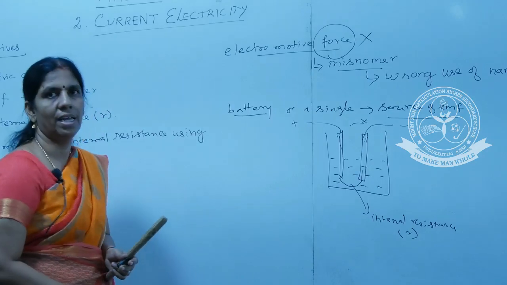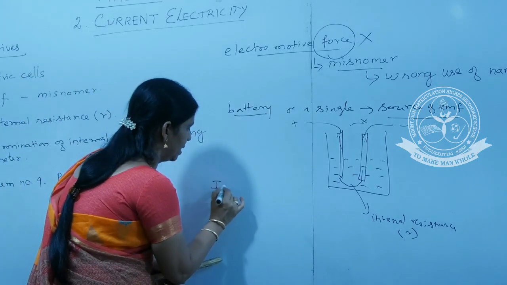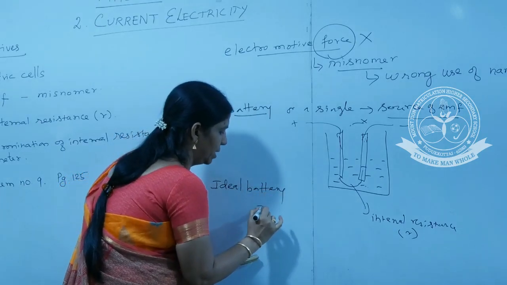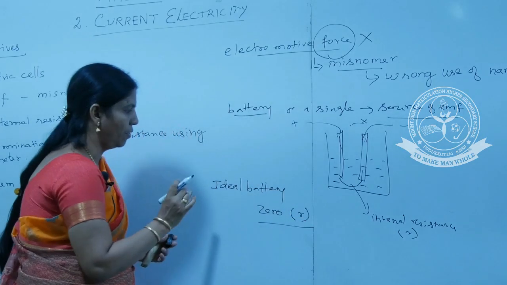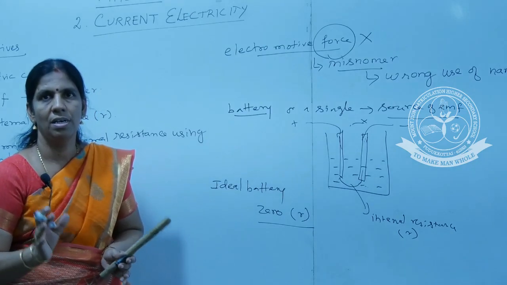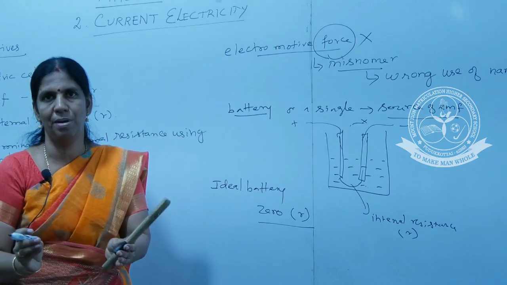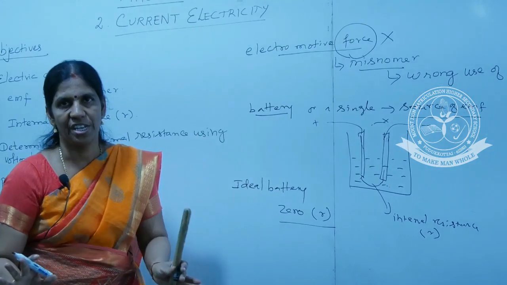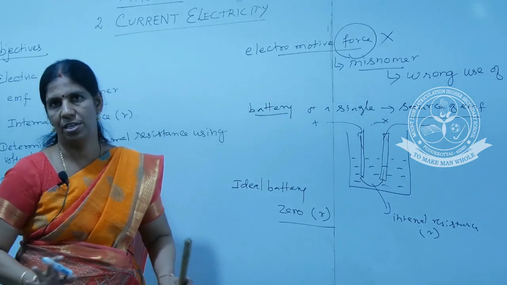When you take any ideal battery, it has zero internal resistance. Any ideal battery has zero internal resistance, r equals 0. That means the terminal voltage of the ideal battery directly shows the EMF of its own with no change, because any freshly prepared cell has very low internal resistance.